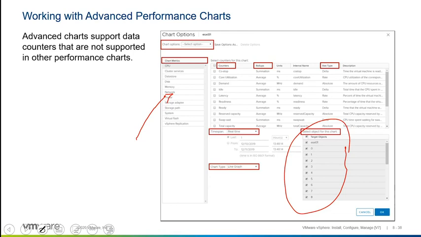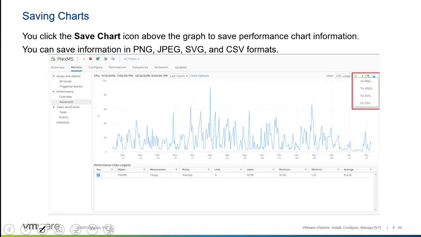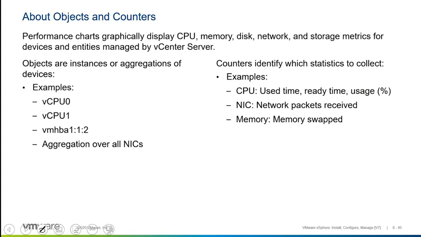So because I've selected CPU up here, I get the individual cores, and then I also have the object itself, ESXi01, which is a summation, or actually is going to be based on this roll-up here, is going to be the aggregate, really, of all of the cores on that particular host. So let me go back forward here. Okay, so it's an individual instance or an aggregation of that instance.